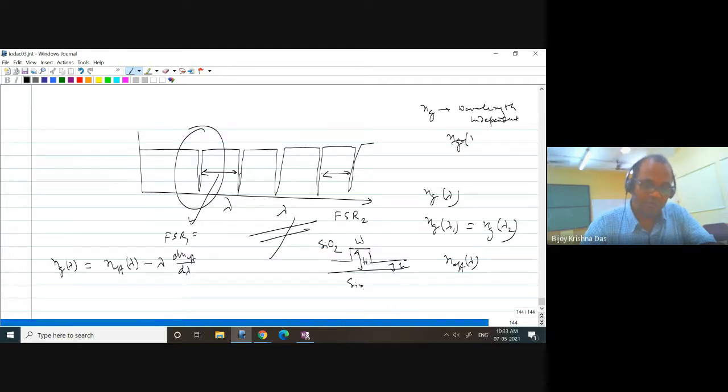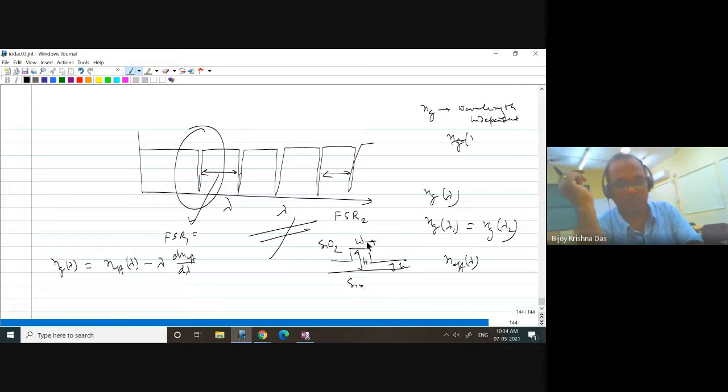Now suppose I increase W. As I increase W, what do you think, will n effective lambda be more wavelength dependent or not? What is your idea? What is your intuition? Suppose I have a particular waveguide, and now I am increasing W. What do you expect?